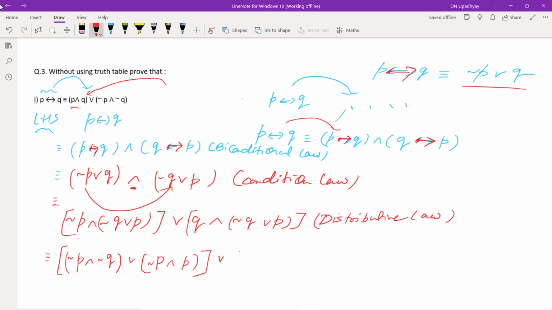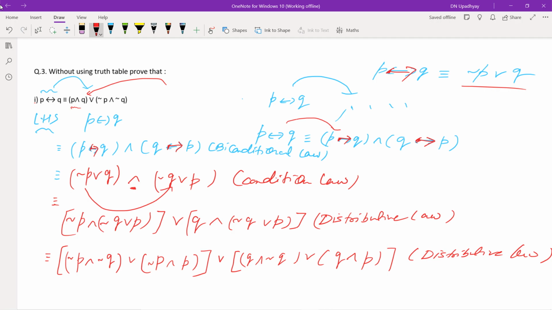Understood? Okay, second term: Q and negation Q, or Q and P. Again, this is the distributive law.